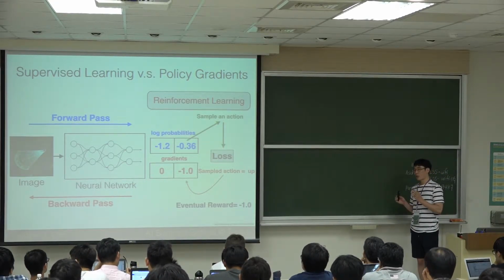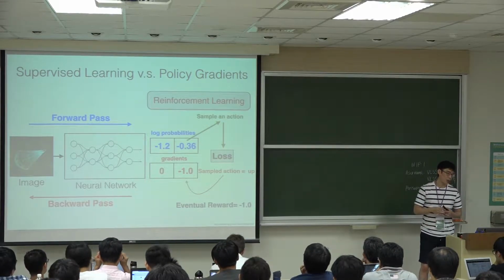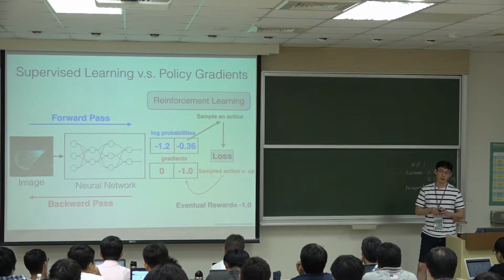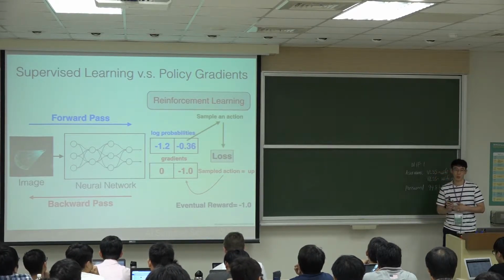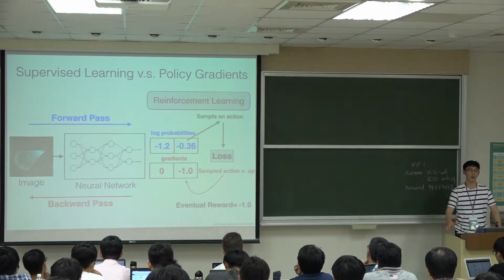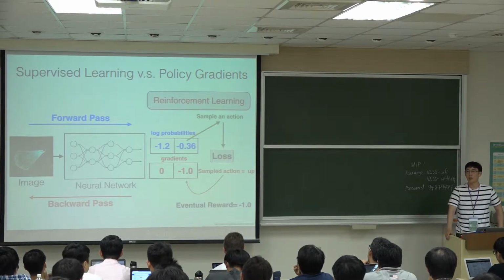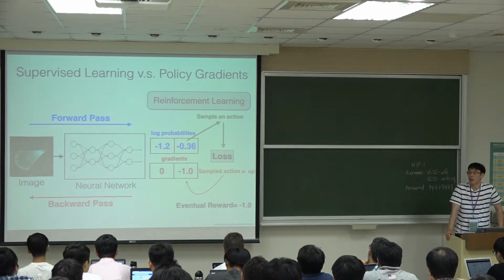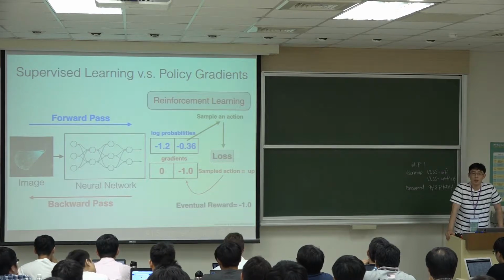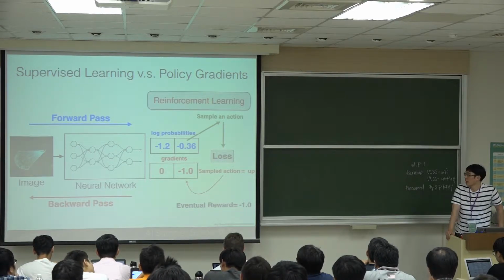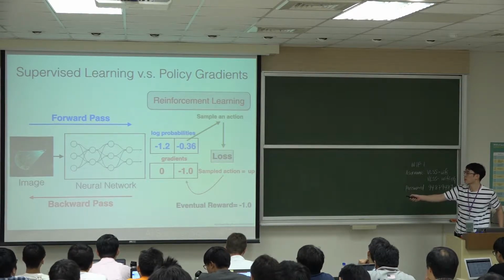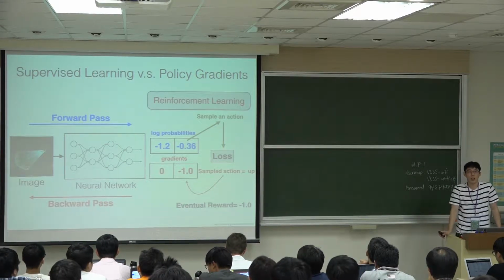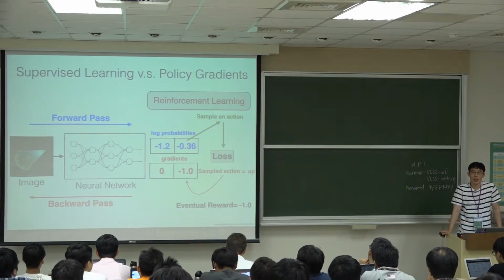And for those who are familiar with reinforcement learning or the policy-based approach, this part creates an issue, the hard part of training reinforcement learning, especially when you have sparse rewards. The issue is, when you take an action based on this probability, you may actually not get any reward because the reward is very sparse.